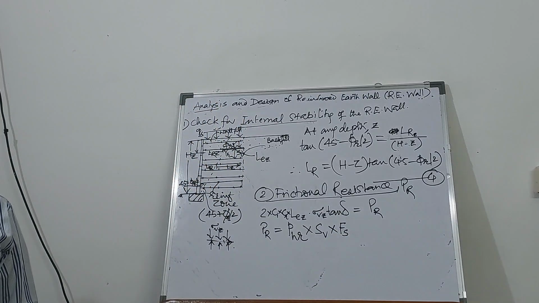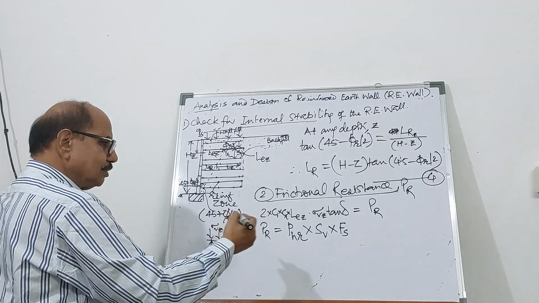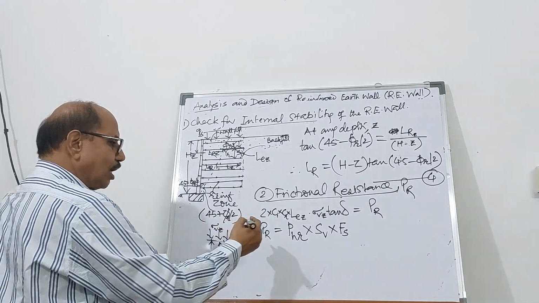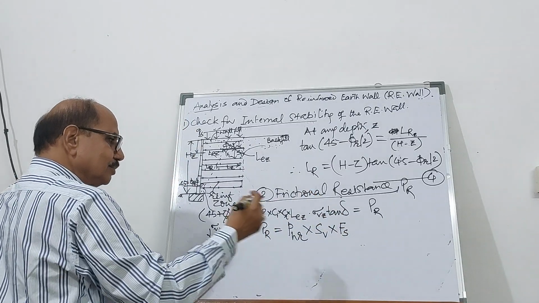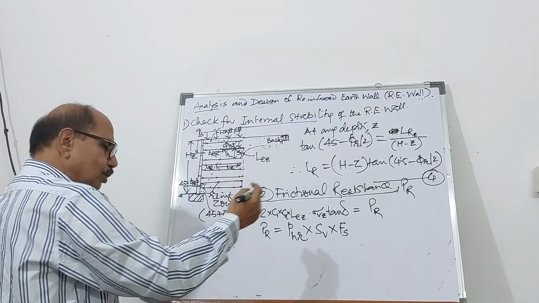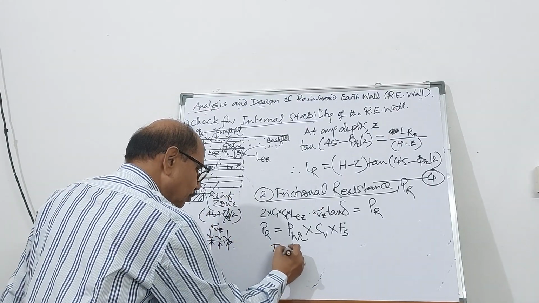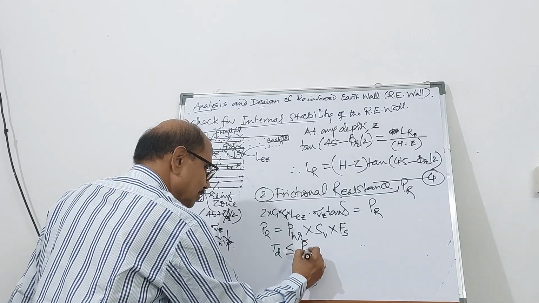Therefore, friends, it is going to be TA equal to TA, the tension that is going to be developed. So allowable tension and the frictional resistance, if you equate them, this tension that is developed should always be less than or equal to the frictional resistance.